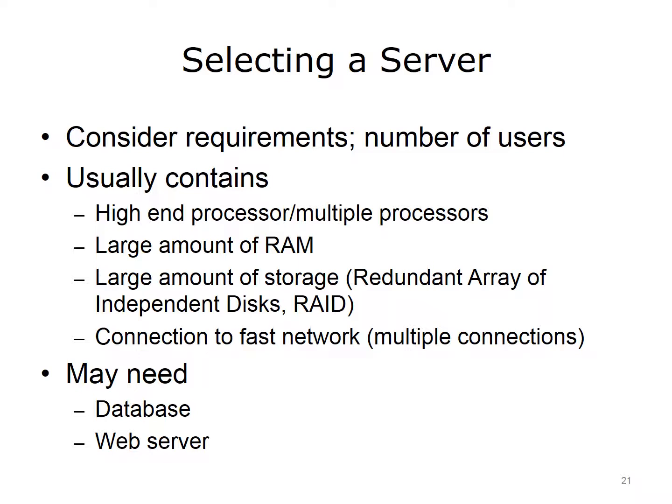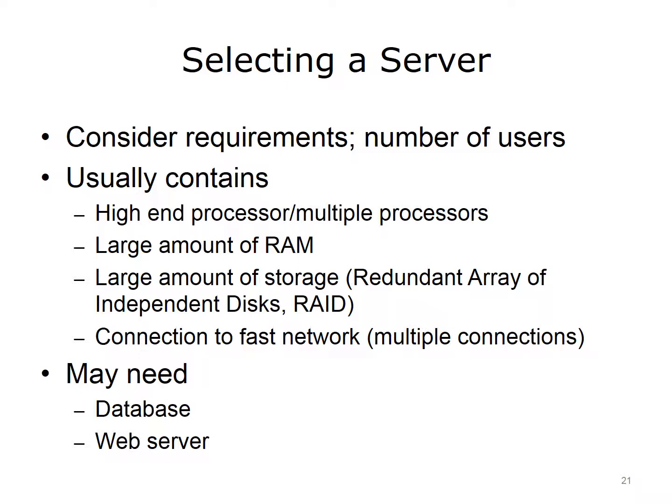When purchasing a server, you again need to consider what you need it to do. Some systems have a maximum number of users, so additional servers may need to be purchased. A server usually contains the highest-end multi-core processor. It also contains a large amount of RAM, which ensures that many programs and processes can be run simultaneously. It also needs a large amount of storage, which is usually implemented as a RAID, or redundant array of independent disks.